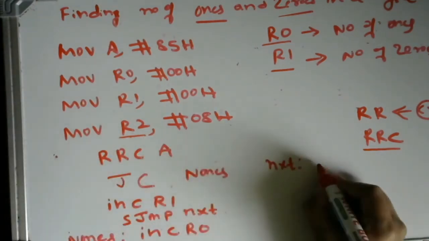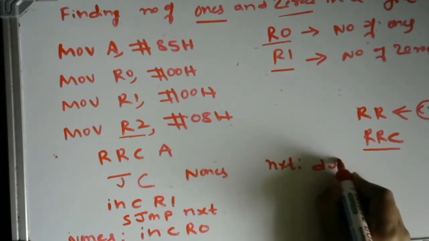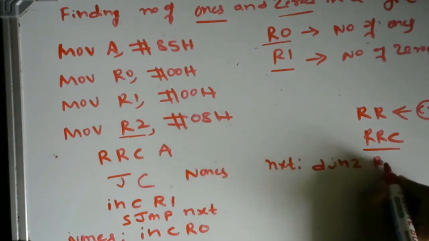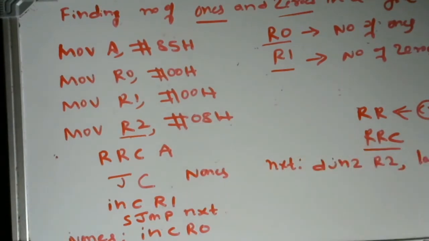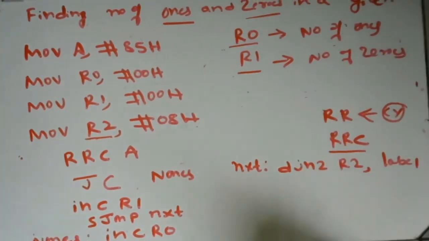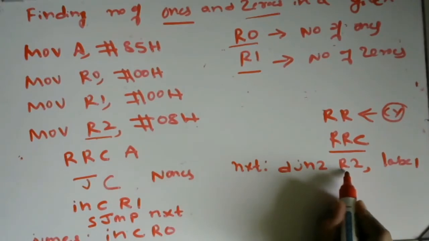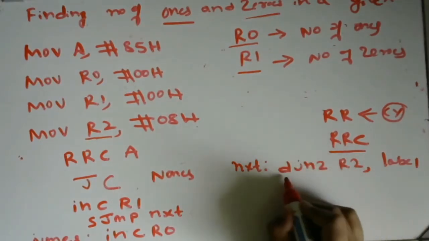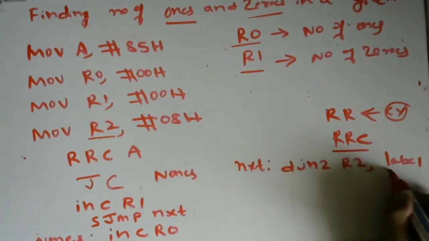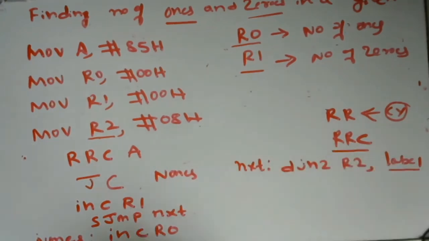That can be done using the instruction DJNZ R2, label. It will decrement R2 and check its status. If it is not 0, it will jump to the target address mentioned here.